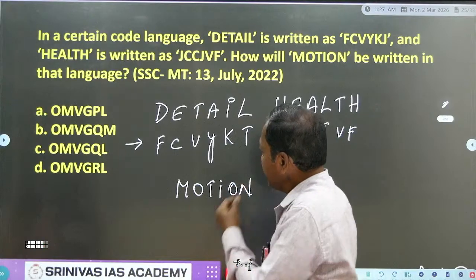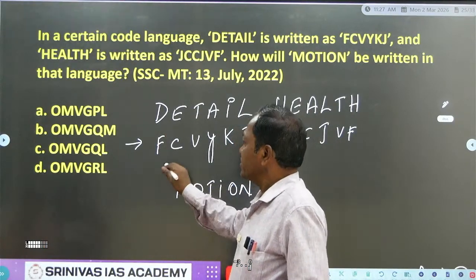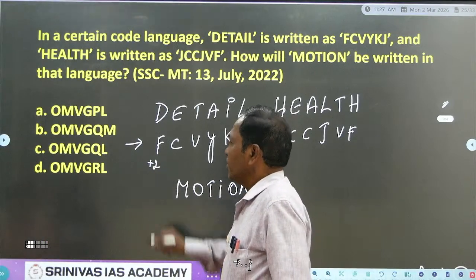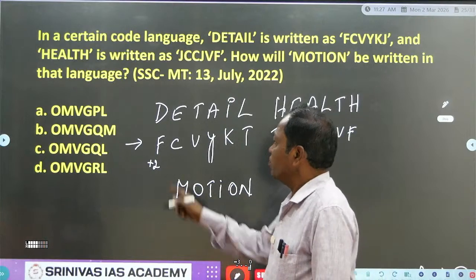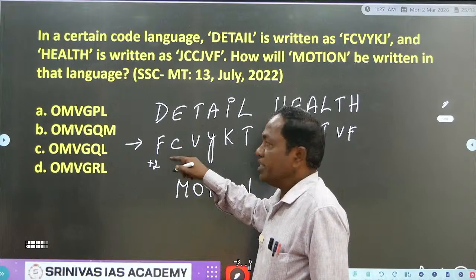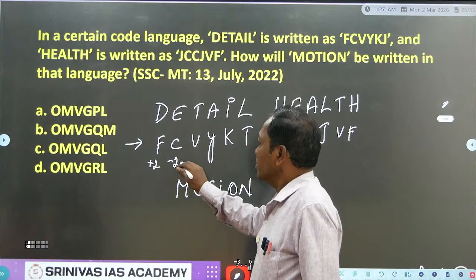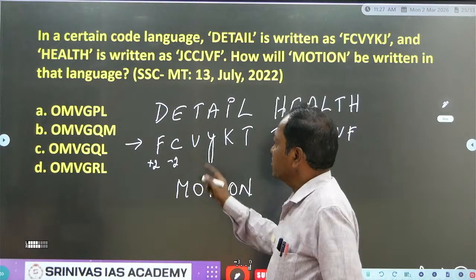Now, D, E, F. After D, E is the first letter, F is the second letter. So, plus 2. See, reverse order. E minus 2, after C, D is the first letter, E is the second letter, minus 2, reverse order.